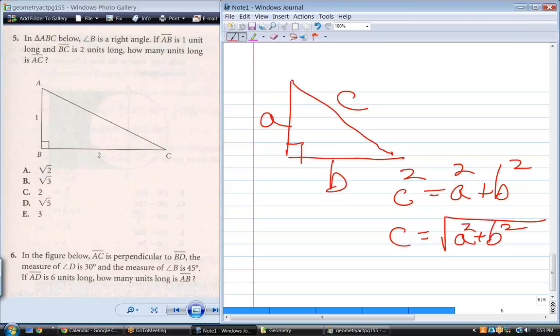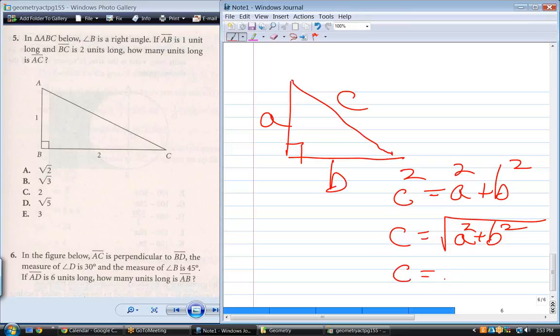Now, it's not just A plus B. No, not at all. That's a different number than the square root of A squared plus B squared. The square root of A squared plus the square root of B squared is not what this equals. If it was the square root of A squared times B squared, then you could say that it's the square root of A squared times the square root of B squared. But when you're adding, it's not going to be that.